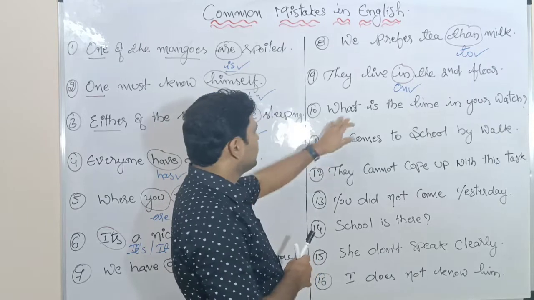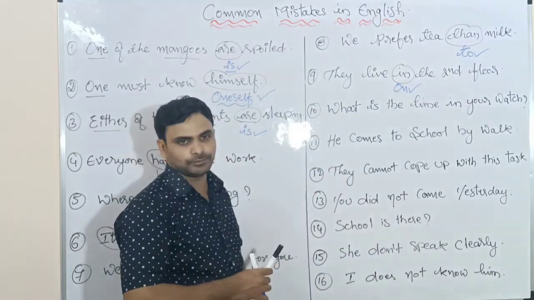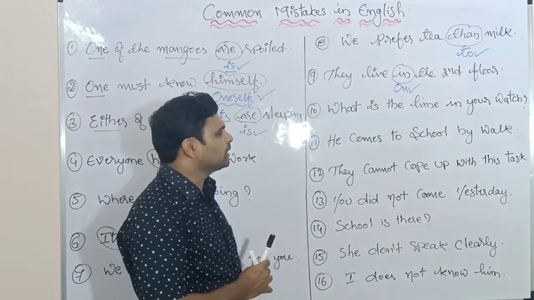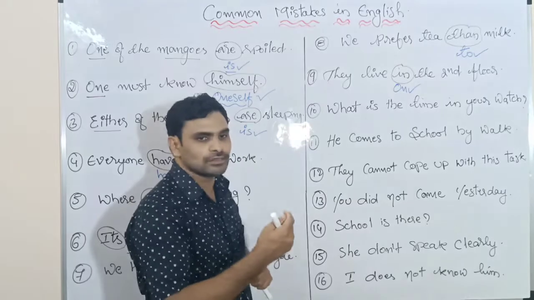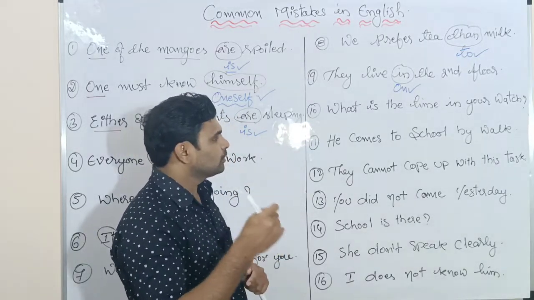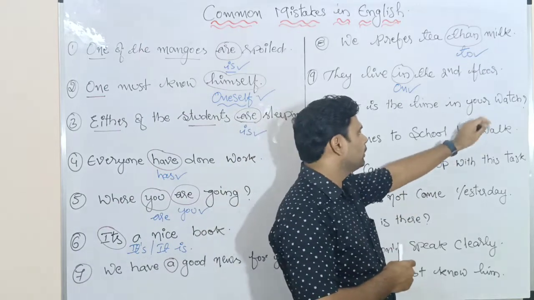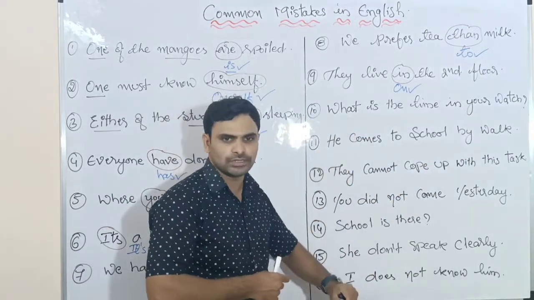Next one, 10th. "What is the time in your watch?" Or many times we can ask, what is the time now? But when you want to ask someone about finding the time on the watch, we usually come up with this sentence: what is the time in your watch?